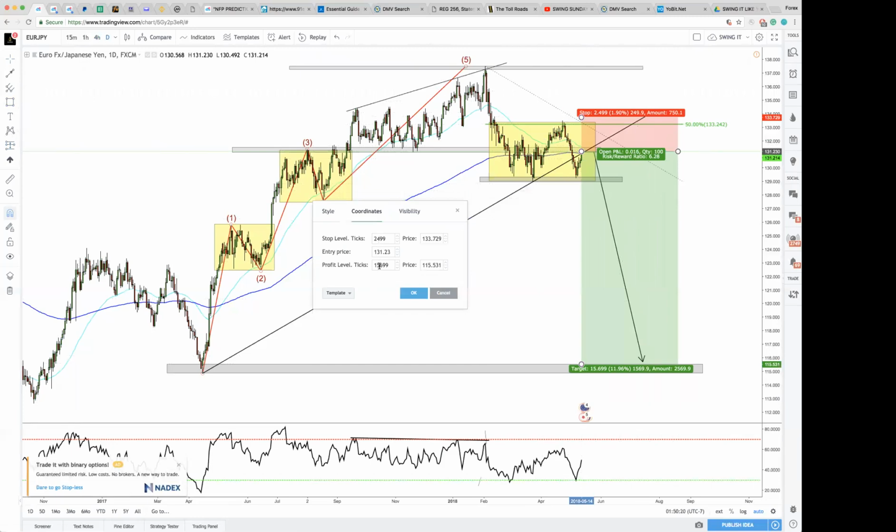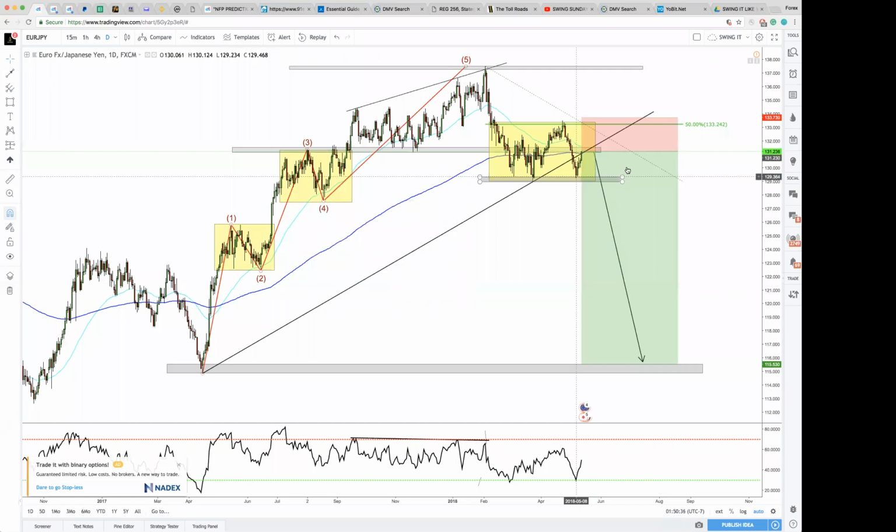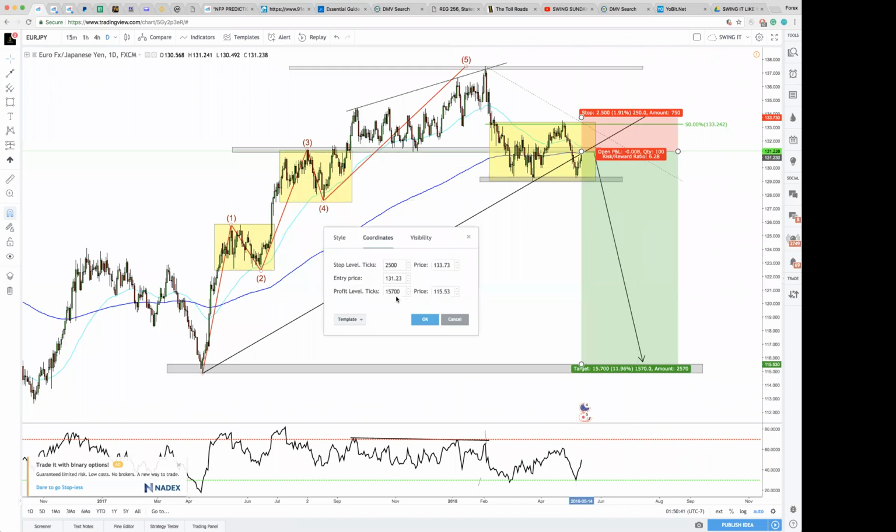252,000. Let's see, 1,500. Okay, 1,570. All right, 2.5% risk, but at the same time, it's a 15.7% growth.